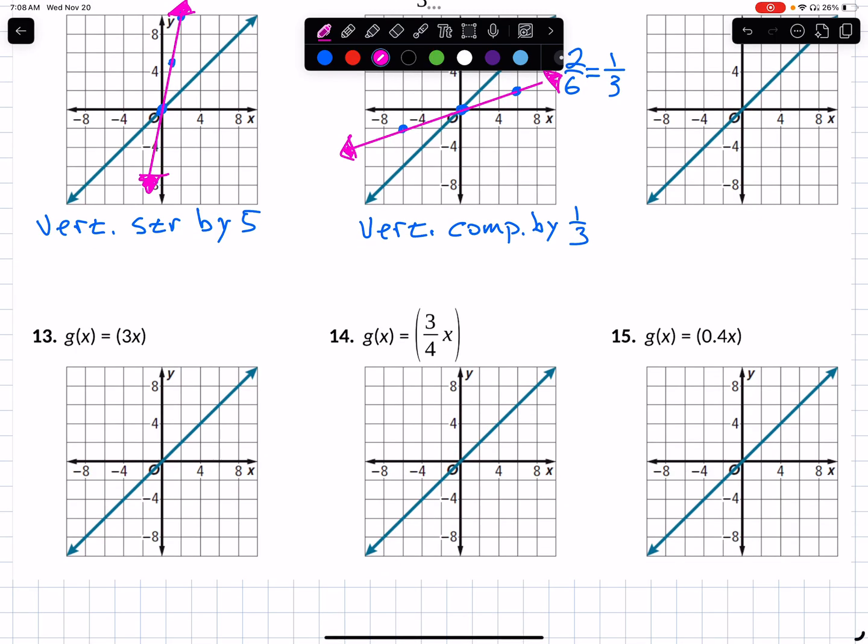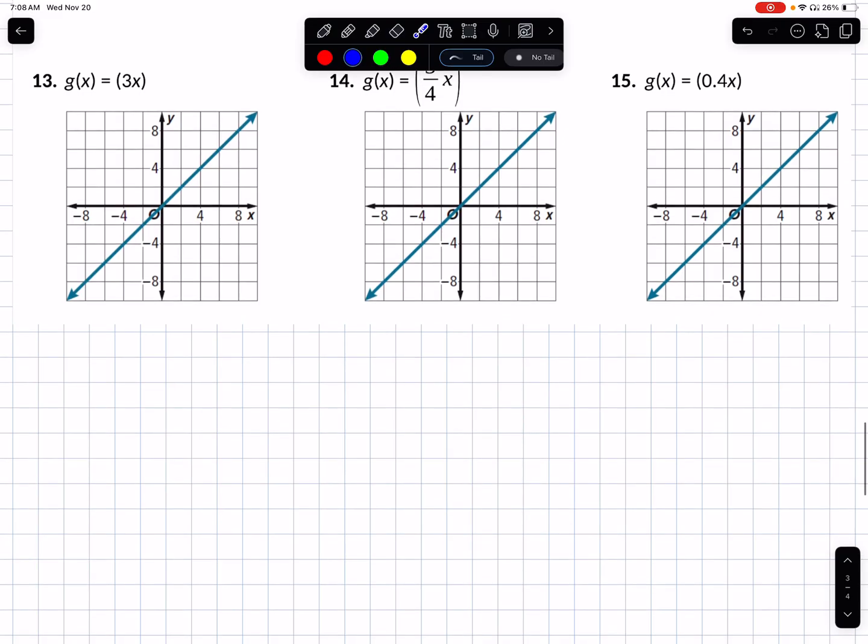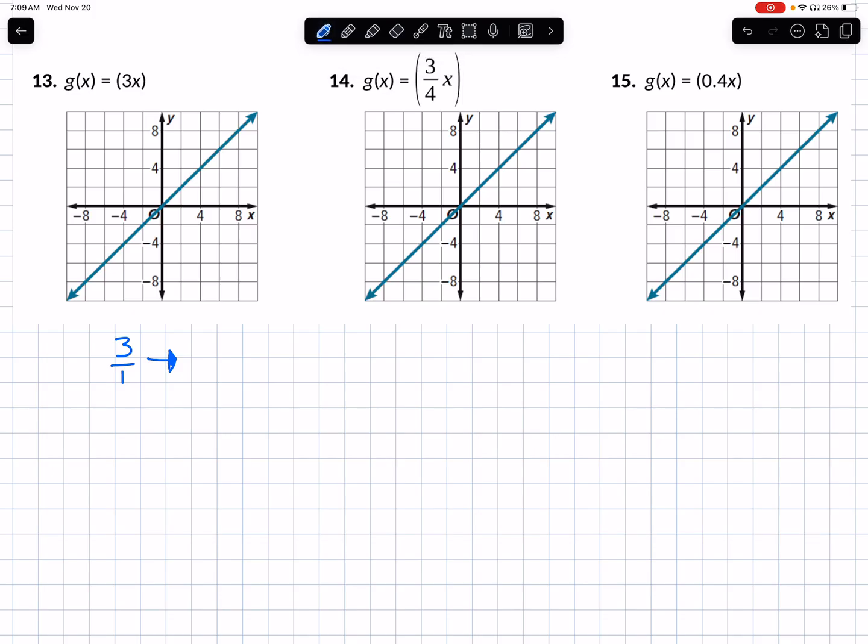When we have the number inside of the parentheses, we always take the reciprocal of this number. So just reminding you how reciprocals work, I'm going to take the number inside of the parenthesis, 3, and put it over 1. When we do the reciprocal of the number, I just flip that fraction. So the reciprocal of this number is 1/3.